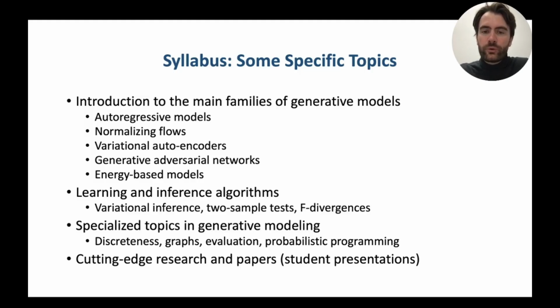Now, in order to define these algorithms, remember that these are machine learning algorithms that are defined by a type of model, a type of learning objective, and then an optimization procedure. So we're going to cover several important learning and inference algorithms, and also learning objectives and algorithms for optimizing these objectives. These include methods like variational inference, Markov chain Monte Carlo, two-sample testing.